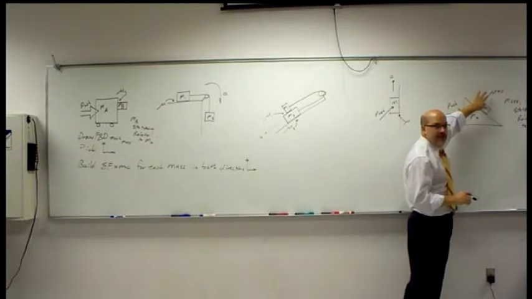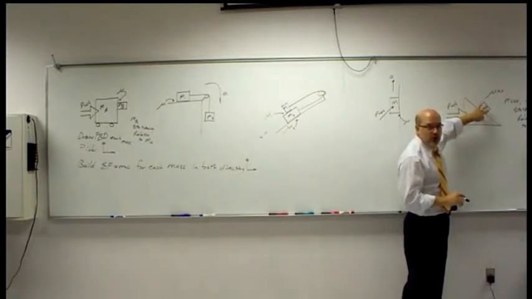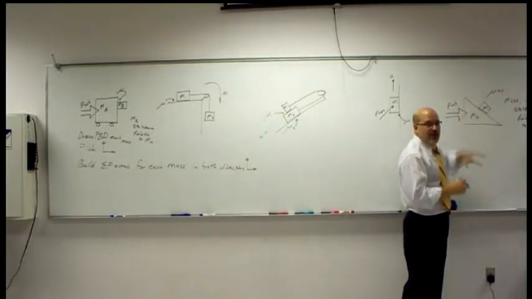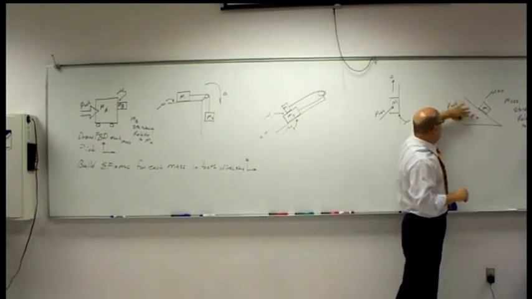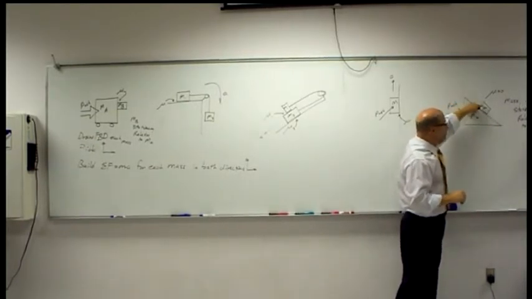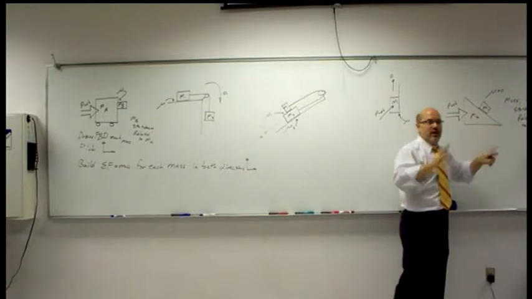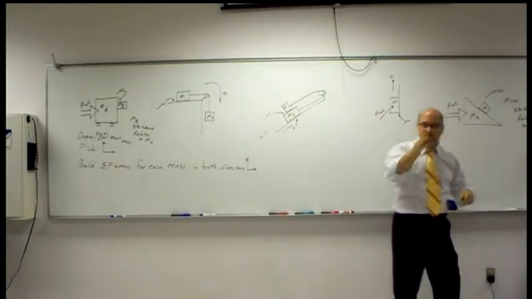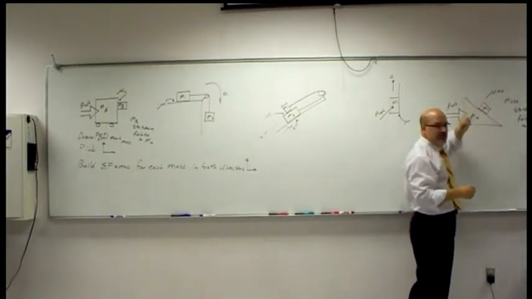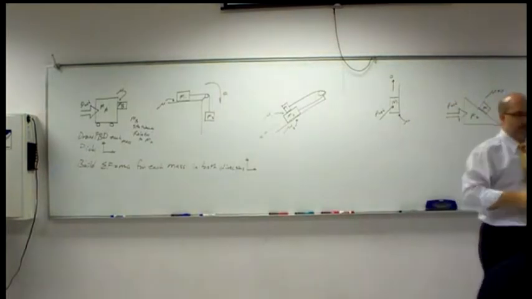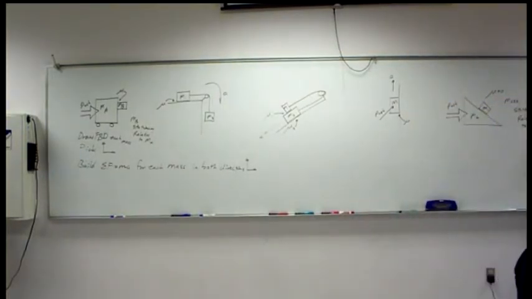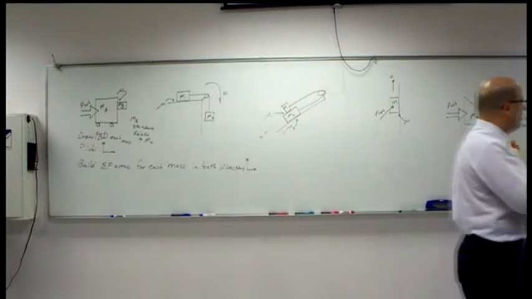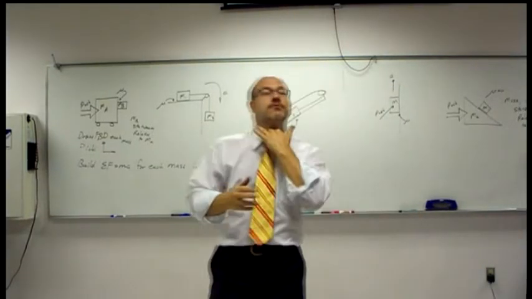But mass 1 stays stationary relative to mass 2 because of my push. Because if you don't push this incline along, this is going to want to slide down because there's no friction. So you're going to push it along at just the right speed so that these two stay the same relative to each other.